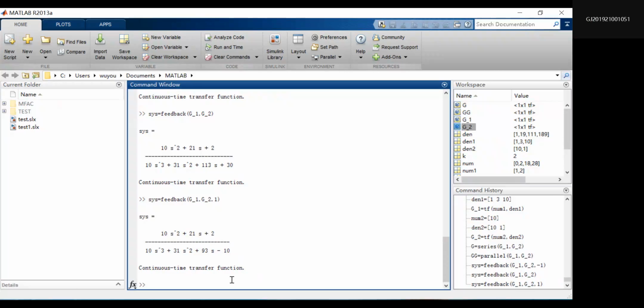Here is something you should know about G1, G2, and sign. Sign is +1 or -1, meaning positive or negative feedback. G1 means the transfer function listed in the forward path. G2 means the transfer function listed in the feedback path.